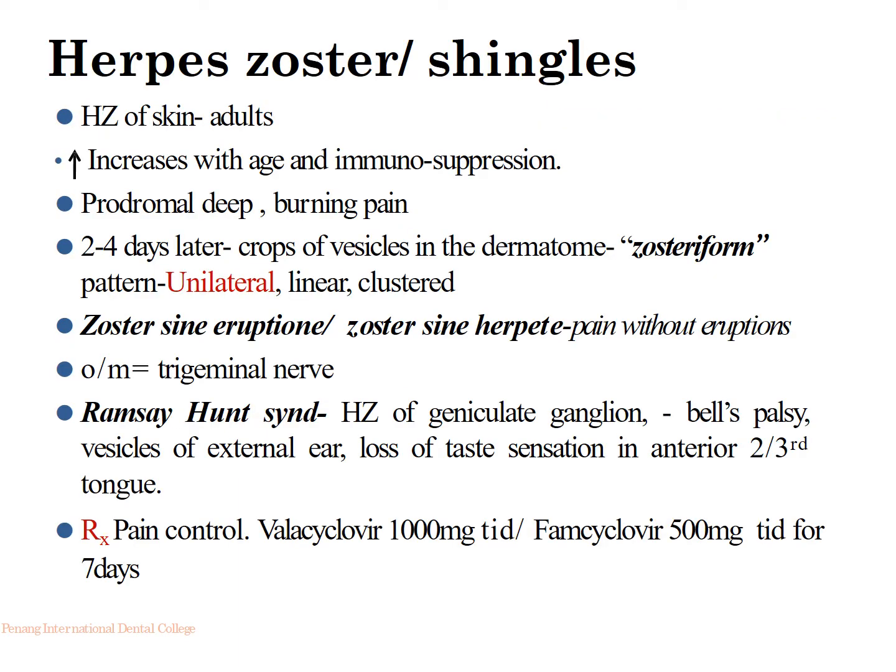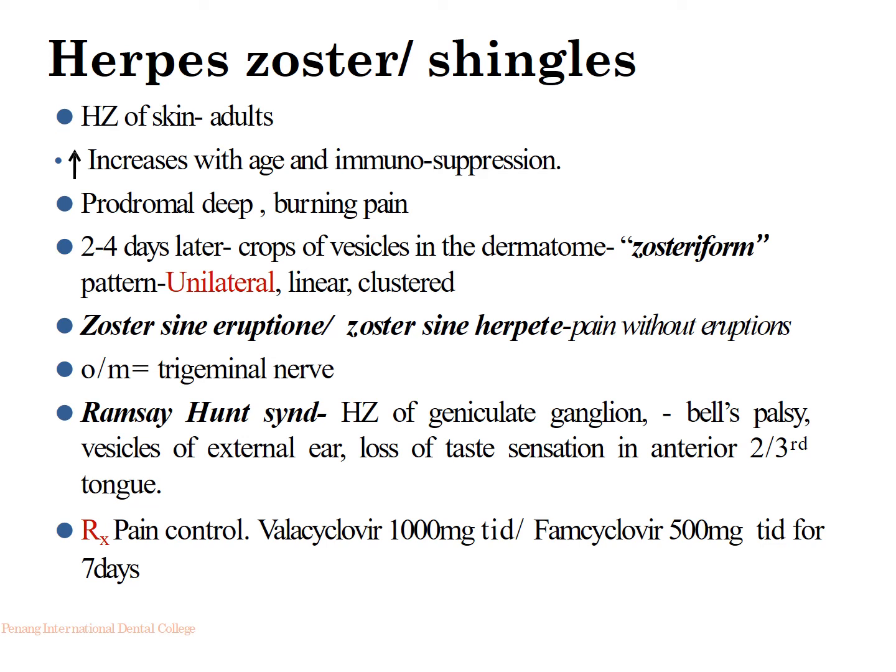Herpes zoster, also called shingles, is a secondary infection happening because of reactivation of the latent virus. In adults, generally the skin is involved, and it increases with age and immune suppression. Generally, there is prodromal deep burning pain in the area of involvement, and 2 to 4 days later, crops of vesicles occur in the dermatome.